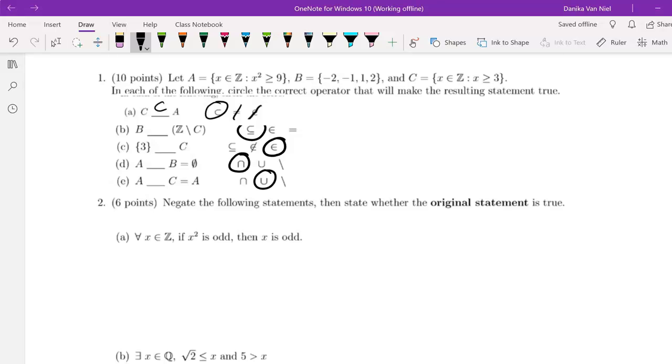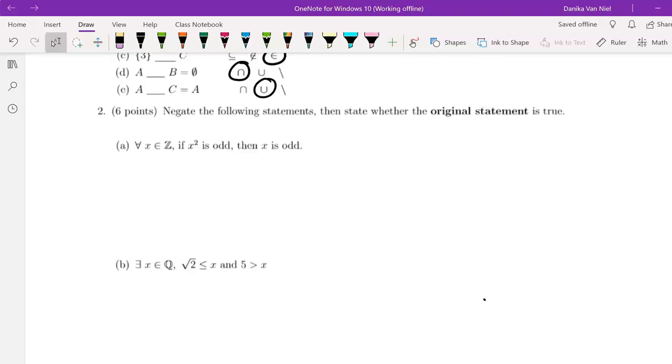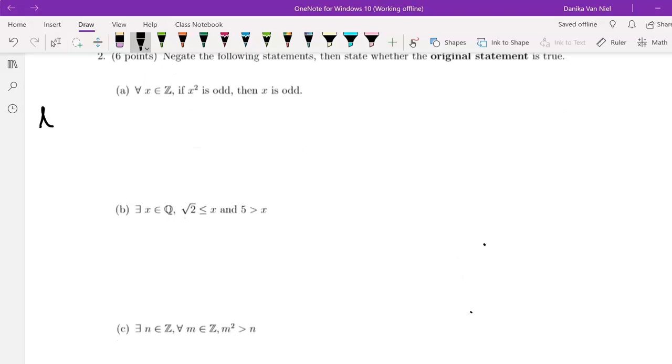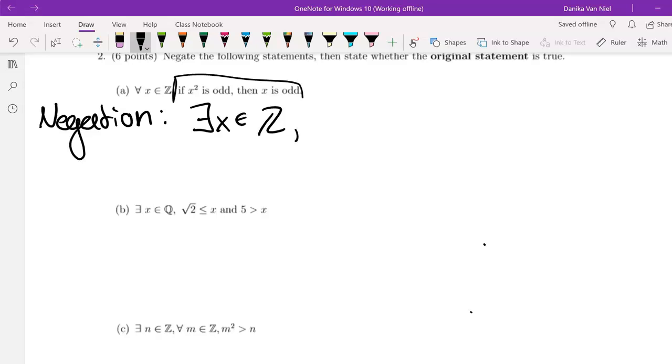Okay. So negate the following statements and state whether the original statement is true. Alright, negation. So we're going to switch from for all to exists in X in the integers, because we still want to talk about the same place that they're talking about. Now this is an if-then statement. Remember, the negation of the if-then statement is an and statement.